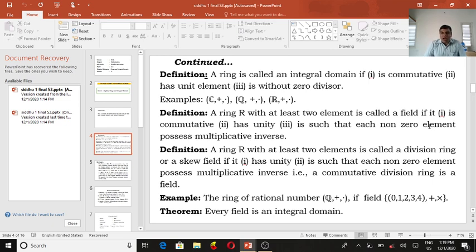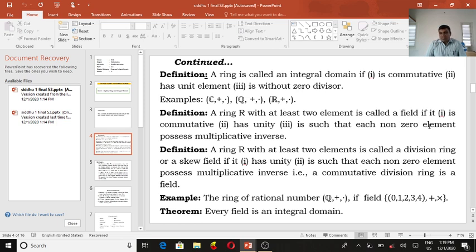It means a ring with at least two elements, a non-empty ring containing at least two elements, where each non-zero element, A not equal to 0, B not equal to 0, is commutative, has unity, and each non-zero element possesses a multiplicative inverse. That is called a field. One more definition.